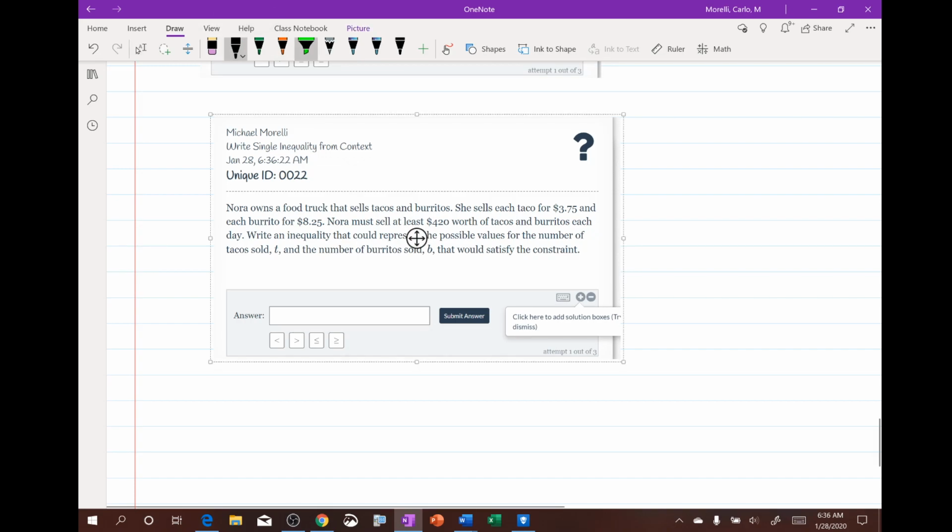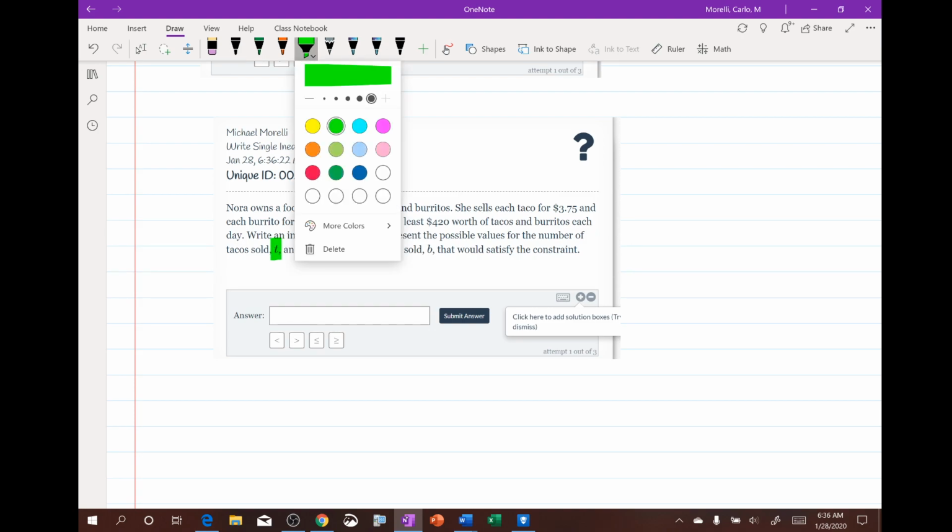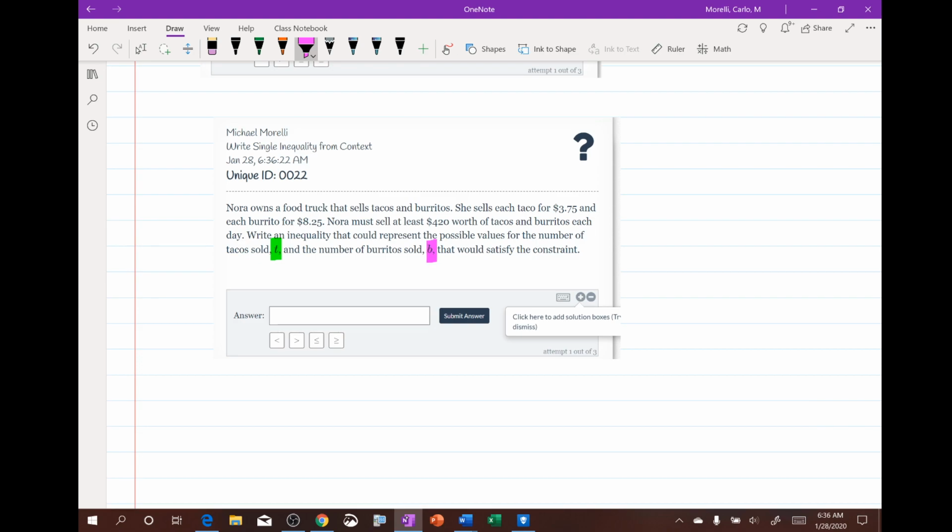So if we look ahead in the problem, they want us to talk about tacos using T, and they want us to talk about burritos using B. All right, so T and B. Tacos are $3.75, so T is going to go with 3.75, B is going to go with 8.25, and then she's got to sell at least, so greater than or equal to, 420.